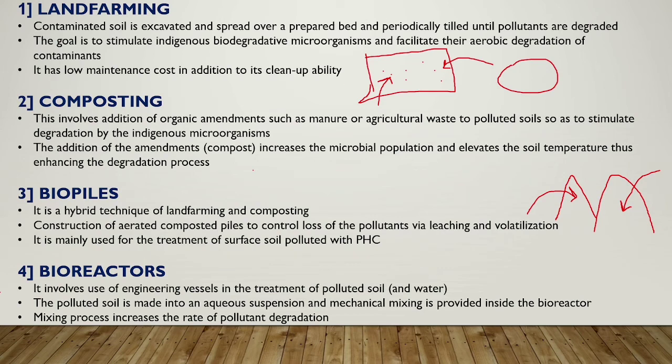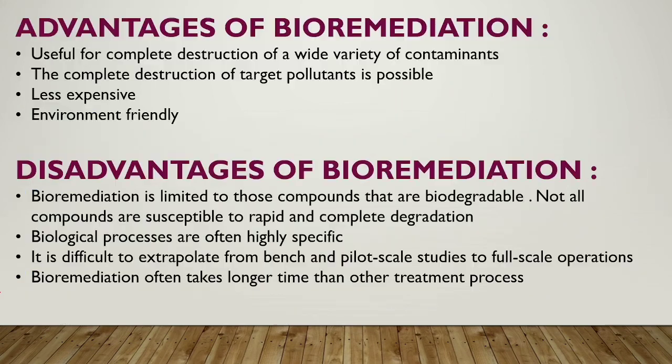And the fourth one is bioreactors. So, bioreactors are the huge vessels in which the soil or the contaminated waste products are inserted, and before inserting, they are made in aqueous suspension, and in the bioreactor, they are mixed in a mechanical way. And by mixing, the rate of pollutant degradation increases.